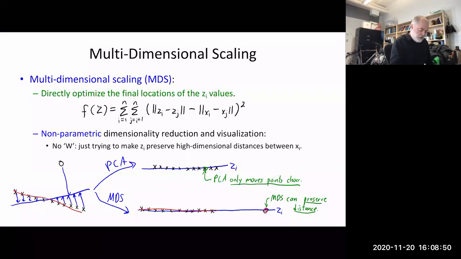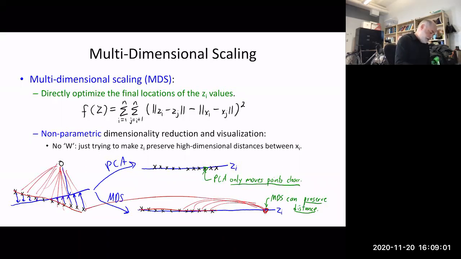And when you look at this point's average distance to all of these, that's not an unreasonable approximation to its average distance to all of these. And maybe you could have projected this point over on the other side and gotten the same kind of behavior, right? So again, we're focusing on the distances and trying to preserve these distances in the all pairs sense, okay? Fine.